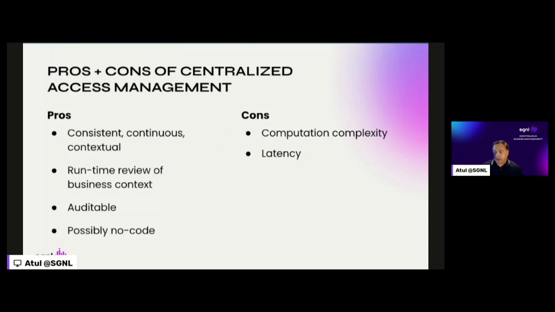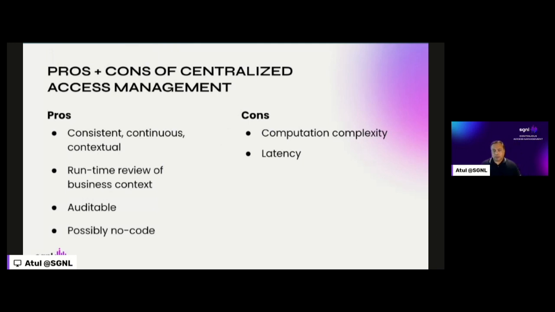The consistent part comes from each one of your applications going back to the same policy decision point, which is making the decision. And so as long as the context is the same, you're going to get the same decision no matter which application it is, right? So it's consistent across all the applications. This is something that is sadly lacking in RBAC and ABAC, because every application makes its own decisions.